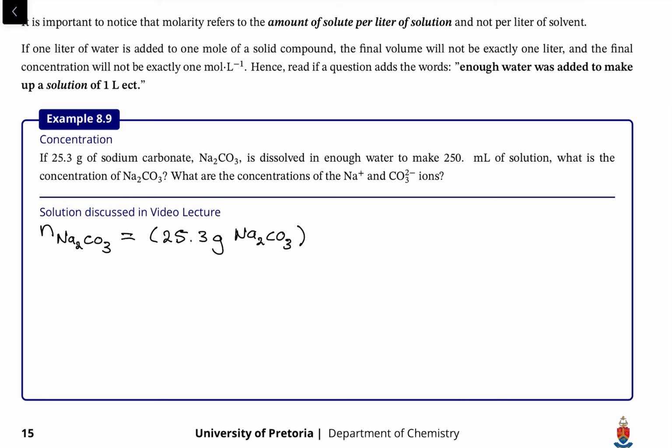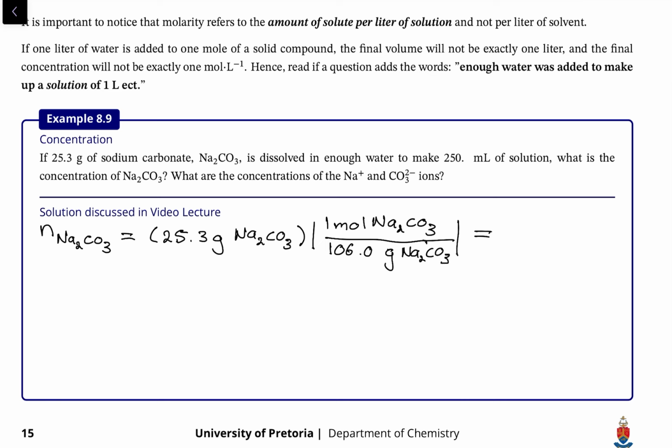Typically you divide by the molar mass, but that is the same as saying 1 mole of sodium carbonate weighs whatever the molar mass is, 106.0 gram Na2CO3. All right, giving us 0.238 and some numbers mole sodium carbonate.